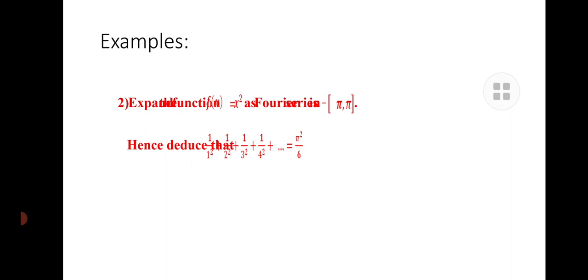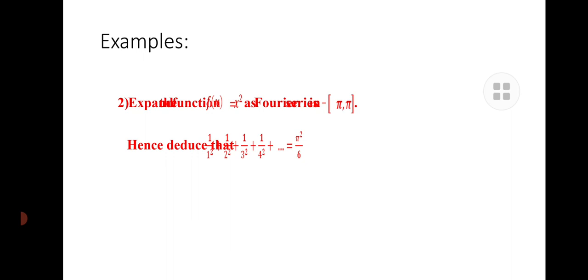Before solving the example, we already know the Fourier series formula and the Fourier coefficients a naught, an and bn formulas according to Euler's. That is the solution. Given that the function is f of x is equal to x square, which is expressed in the interval minus pi, pi.